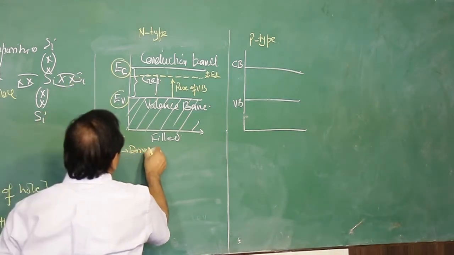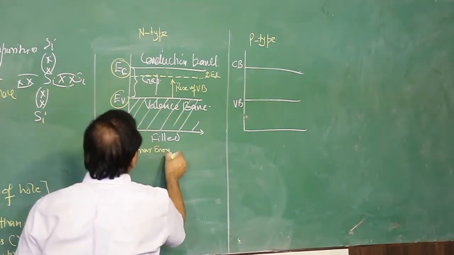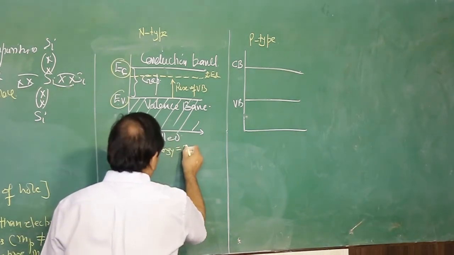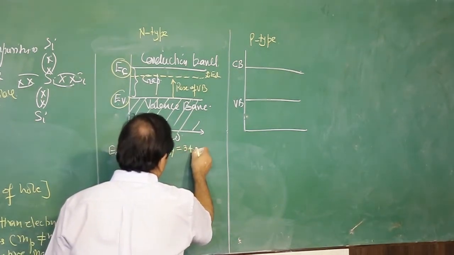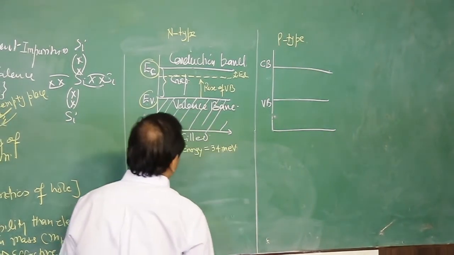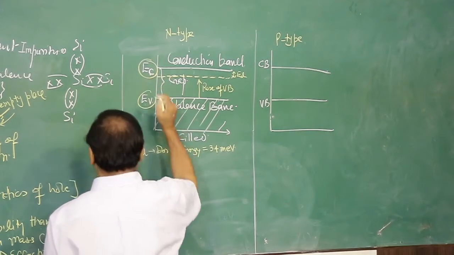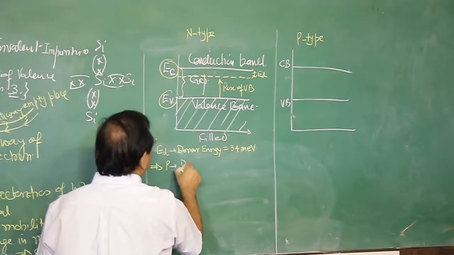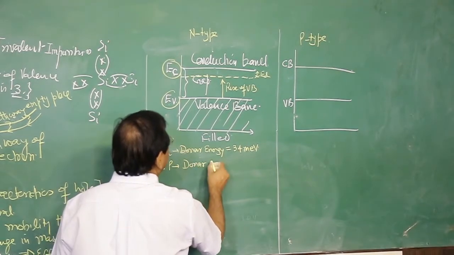The donor energy E_D is about say 34 milli electron volt, and phosphorus is termed as donor atom.